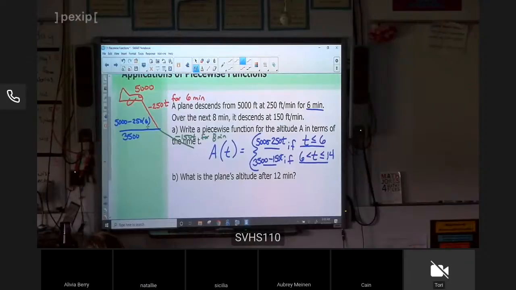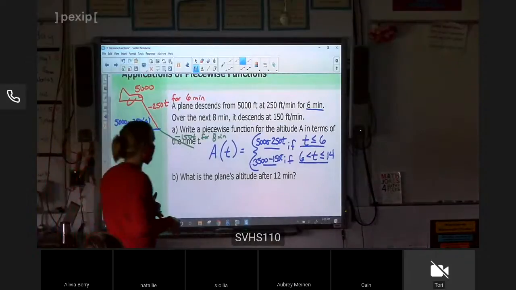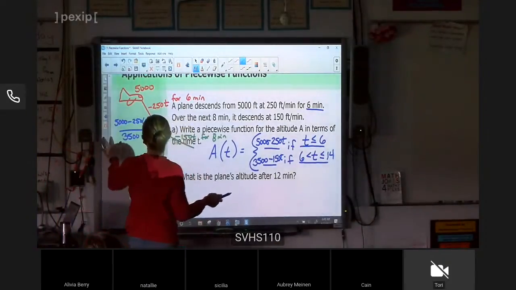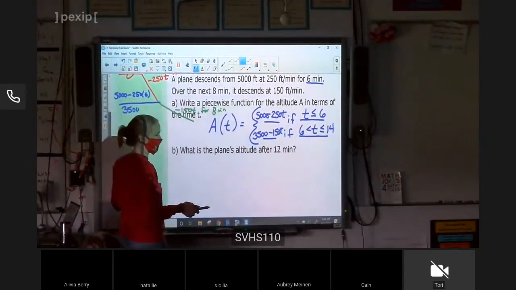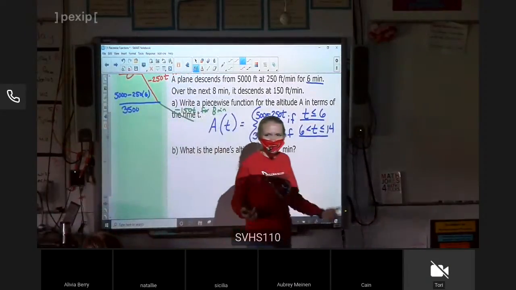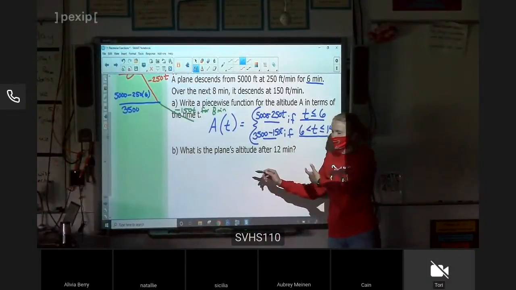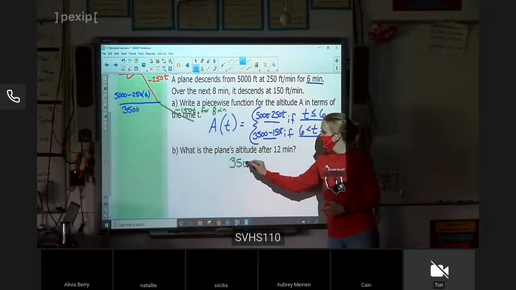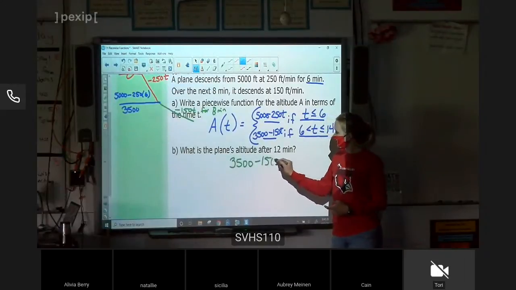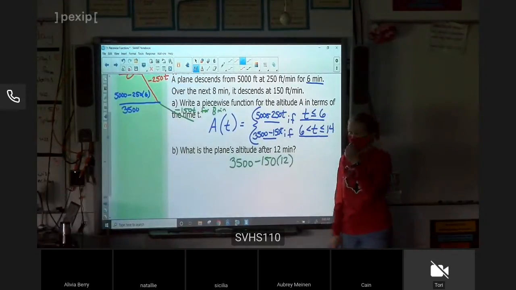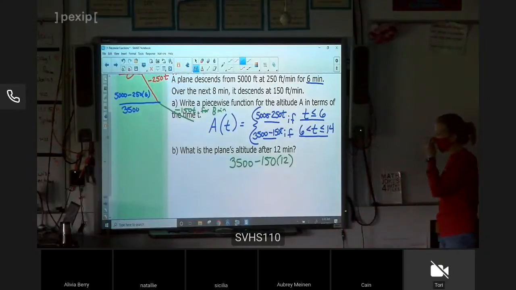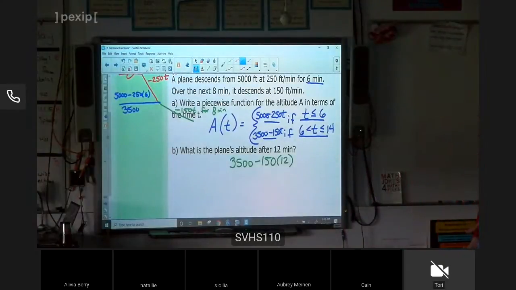Part B: what is the plane's altitude after 12 minutes? Have they landed after 12 minutes? Hopefully not, because there's still another 1,400 feet after 14. We just put a 12 in, just like how we put in the 14: 3,500 minus 150 times 12. And that'll give us their height after 12 minutes.